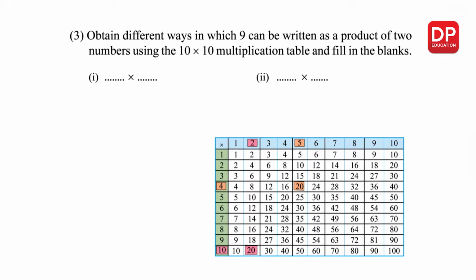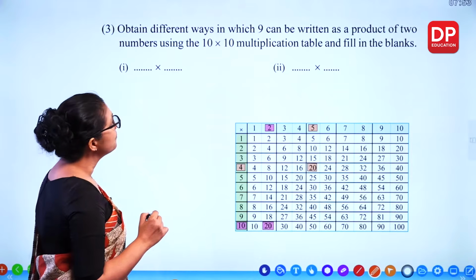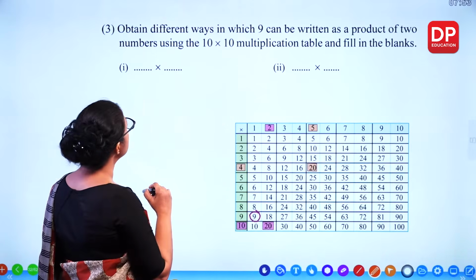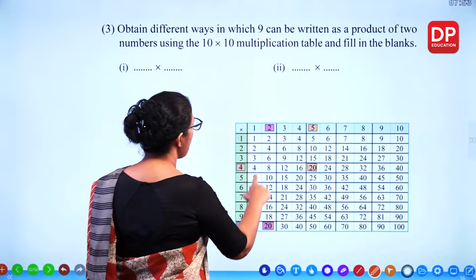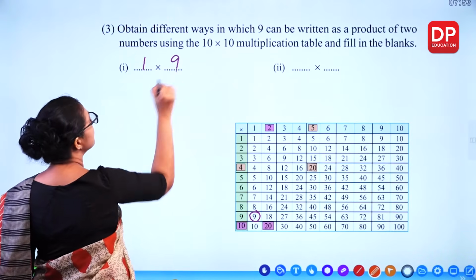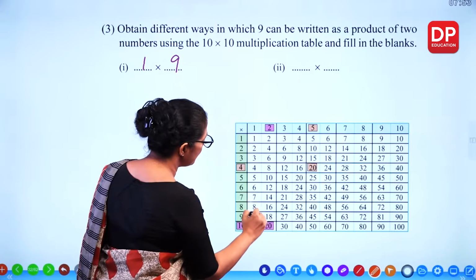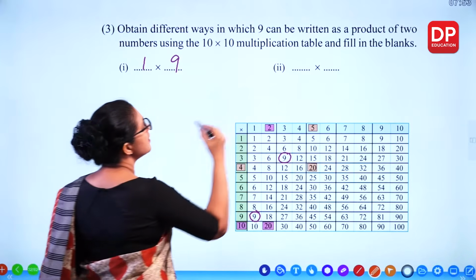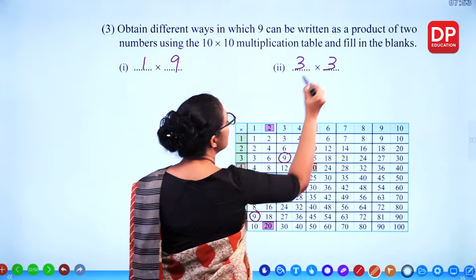Obtain different ways in which 9 can be written as a product of two numbers using 10 by 10 multiplication table and fill in the blanks. 9. One possibility is there. So 9 times 1 or 1 times 9. What else? 9 is here. 3 times 3.